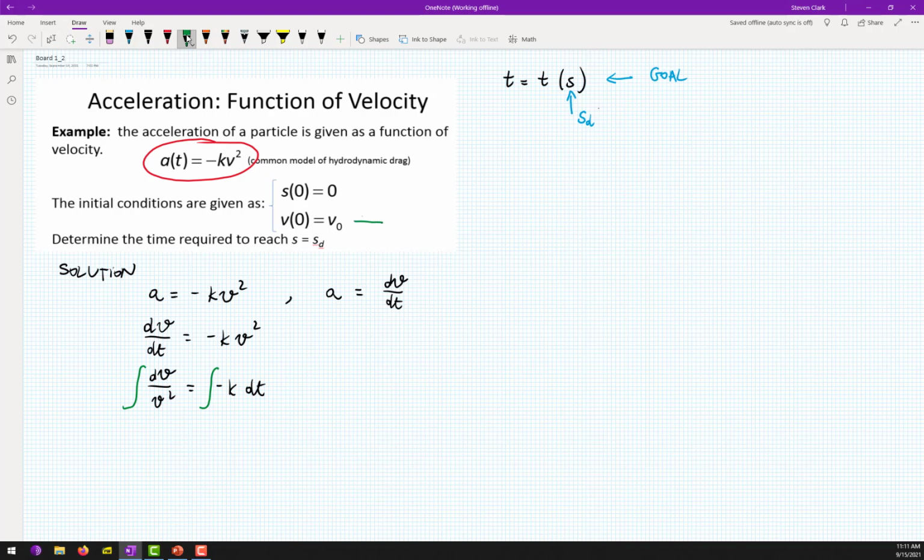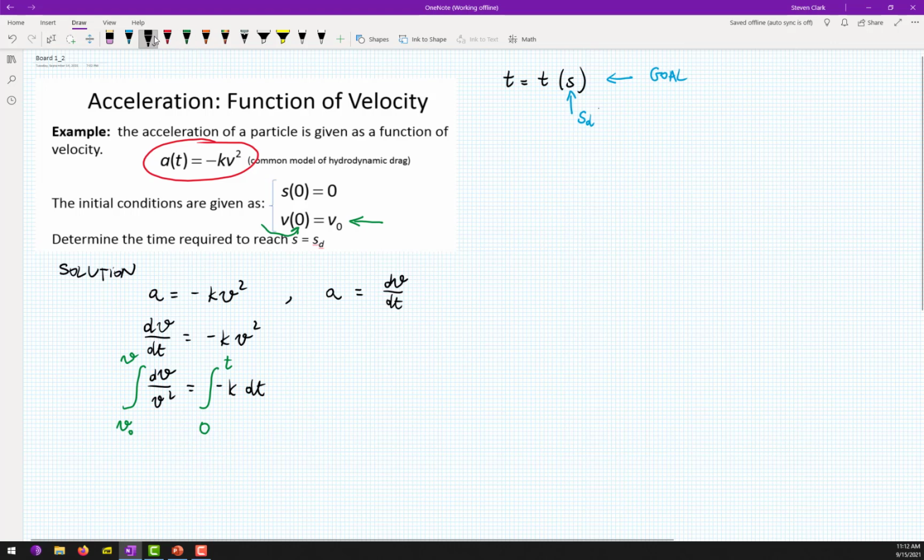We will start with v0 at time 0, because v0 is here and time 0 is here in the argument. And we will end up with a certain velocity v, which we don't know, at some time t. They correspond to one another.